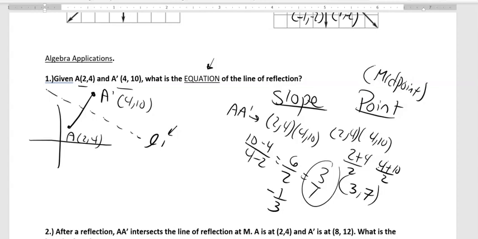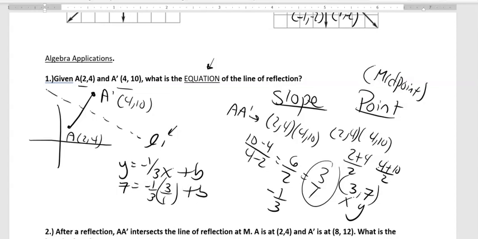Okay. And now we just have to write the equation of the line. Y equals negative 1/3 x plus b. Sub in your point. 7 equals negative 1/3 times 3 over 1, because I'm just taking my x and my y from that point that we know is on there. 7 equals negative 1 plus b, and b equals 8.